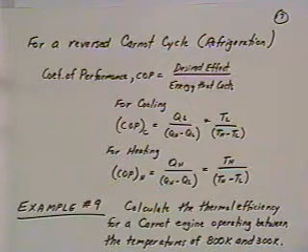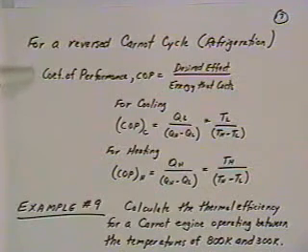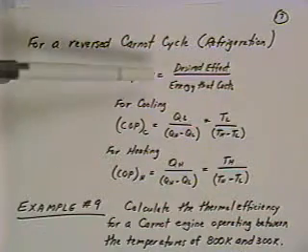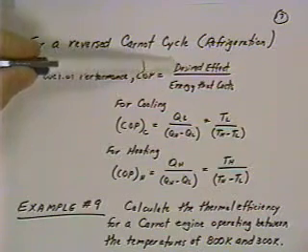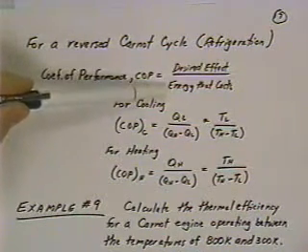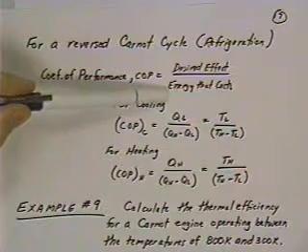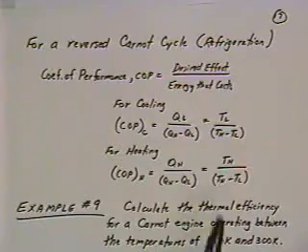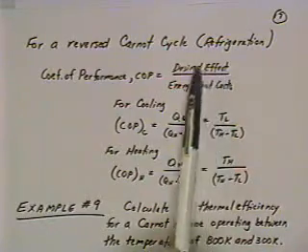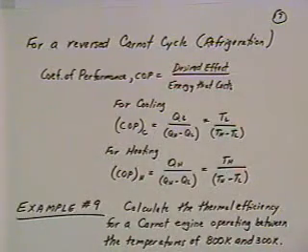So instead of talking about efficiencies as you do in a power cycle, you talk about terms like coefficient of performance, or COP. The COP is defined as the desired effect, whatever you're trying to accomplish, either heating or cooling, divided by whatever it costs you to accomplish that desired effect. If you're in the cooling mode, your desired effect is how much heat you can remove from your house, your room, or your refrigerator.